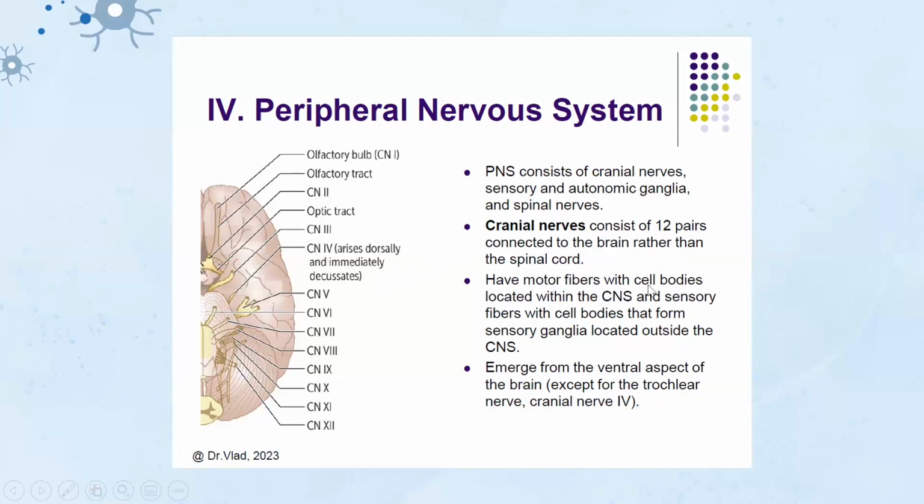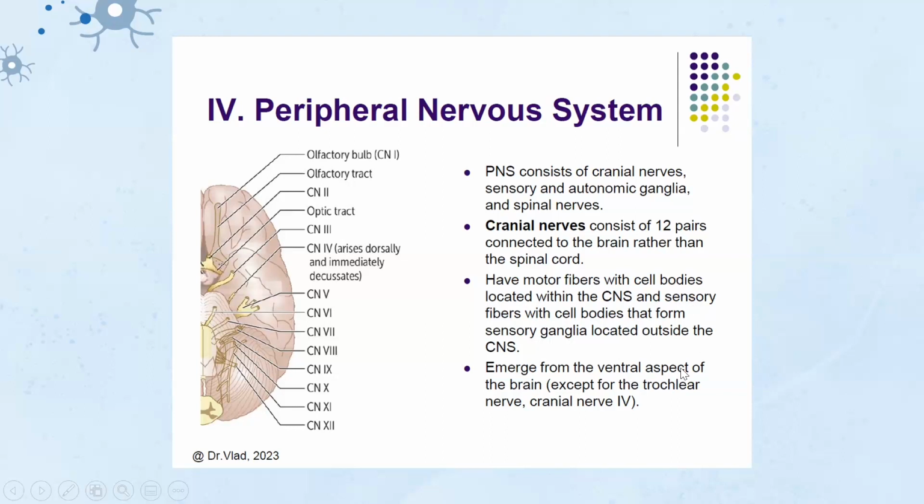They have motor fibers with cell bodies located within the CNS. We said that cell bodies that are located within the CNS are called what? Nuclei. And they have sensory fibers with cell bodies that form sensory ganglia located outside the CNS.